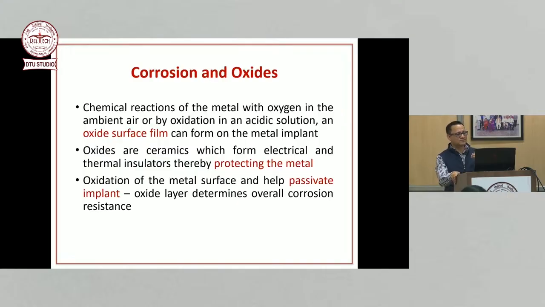Sometimes oxide films are formed on the surface, and these oxides on ceramics can actually protect the material. So titanium oxide helps protect the material, and it also passivates the implant. So overall, sometimes those oxide layers are protective.